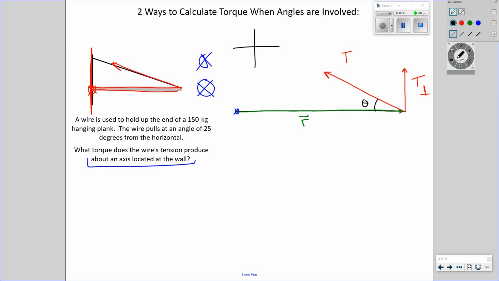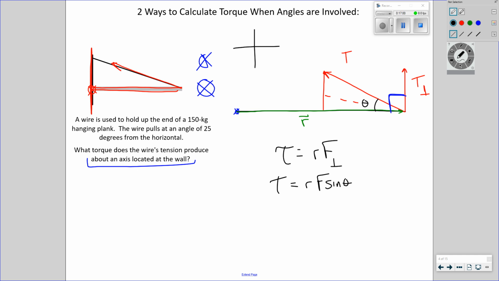T isn't. So break T into components, right? We get this nice right angle between our two vectors, and then the torque, in this case, I'm going to write as r F perp. That's going to be r times F sine of theta, because T perp we could say is across from the angle. All right, so there's r F sine theta.